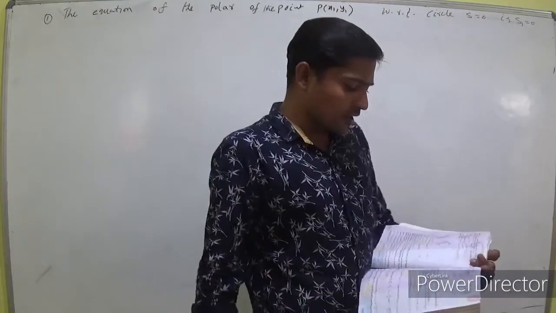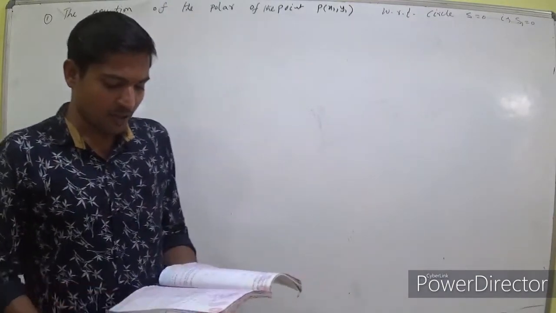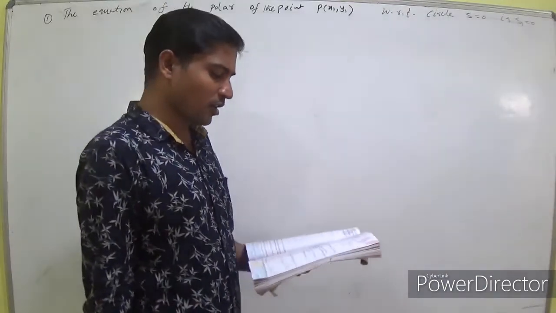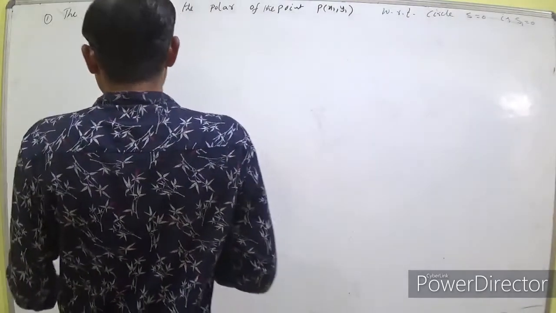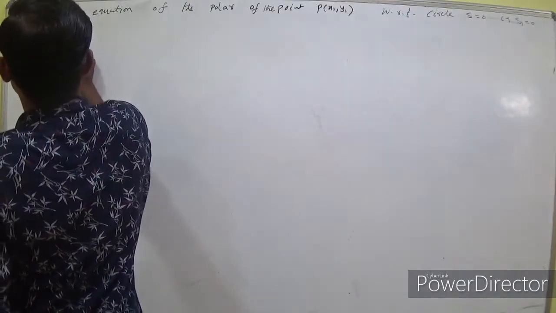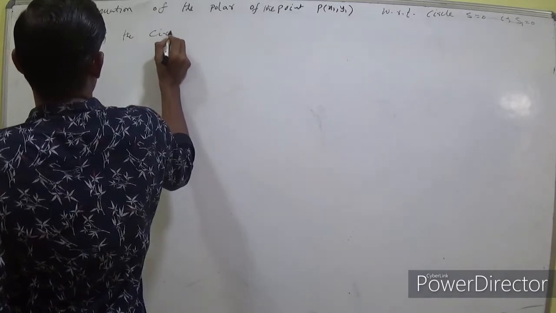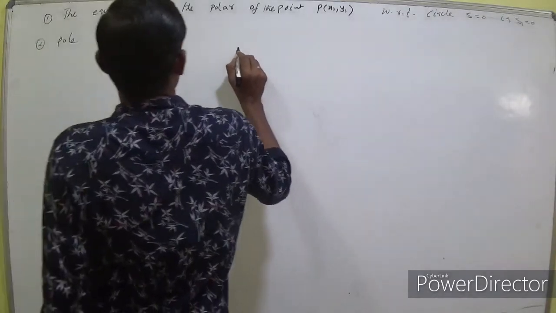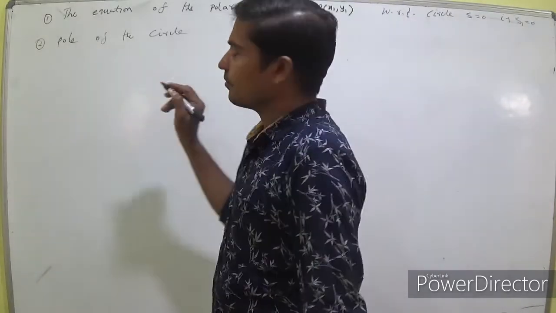The pole of the line lx plus my plus n equal to 0 with respect to the circle x square plus y square is equal to r square. Pole of the circle with respect to the line, that line means that is a polar.